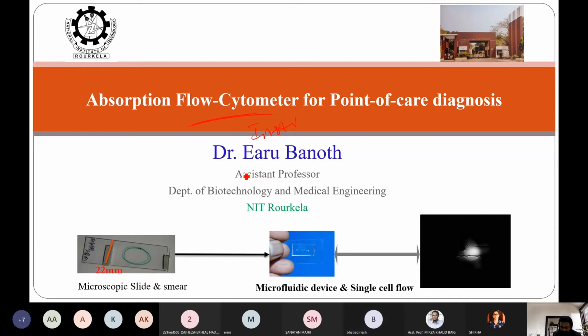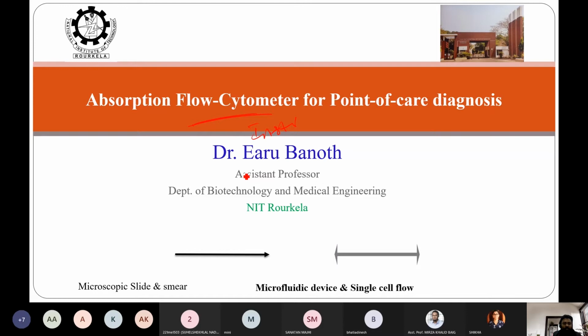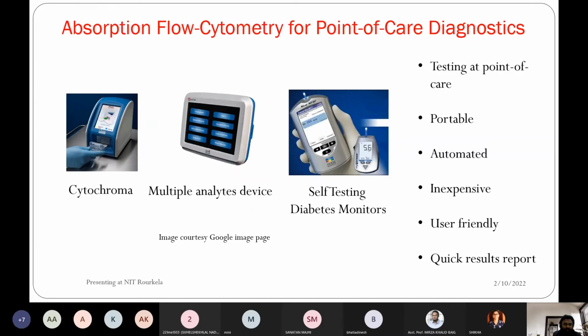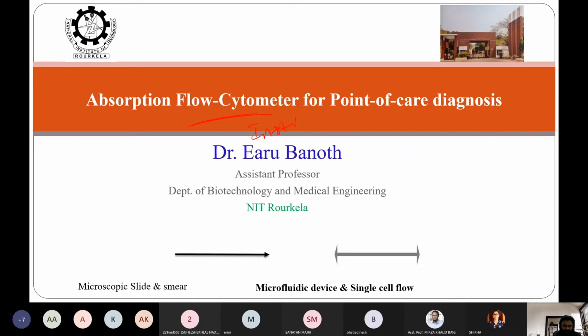So with this I will start here. My topic is absorption flow cytometry for point of care diagnostics. We are aware of each and every term here. Absorption we know, right? Suppose you have light and the sample, and here you have the detector.